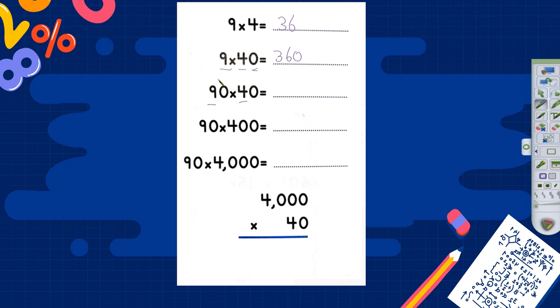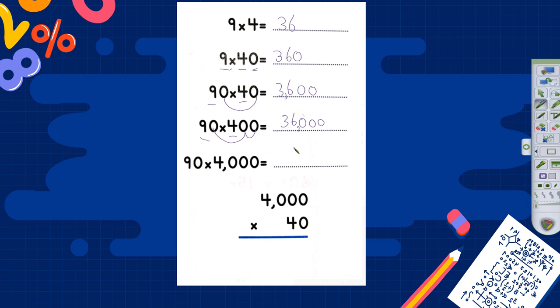Complete the pattern. 9 times 4, 36. Now we have two zeros. We put them in the answer. 3,600. Now 90 times 400. 9 times 4 equals 36, and you have three zeros. 1, 2, 3.